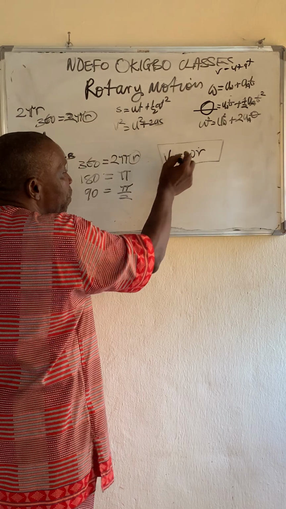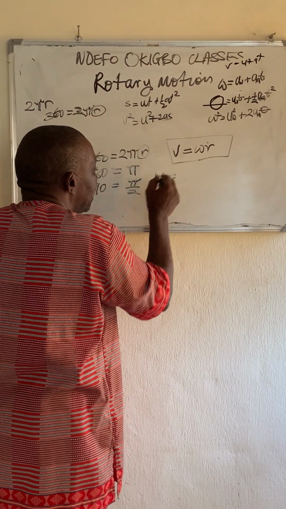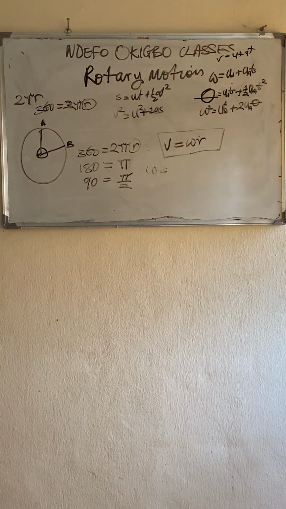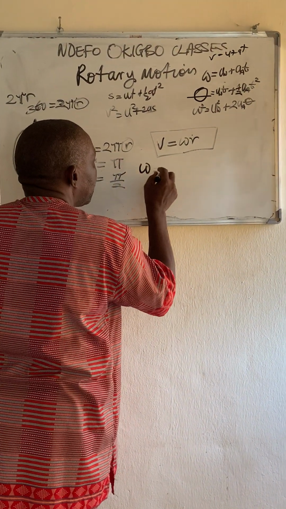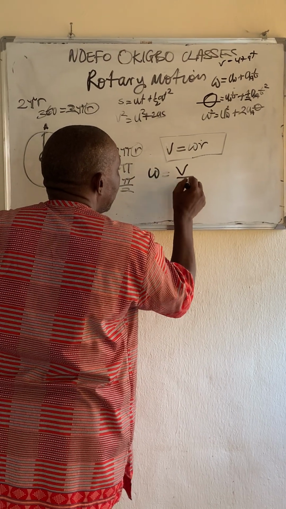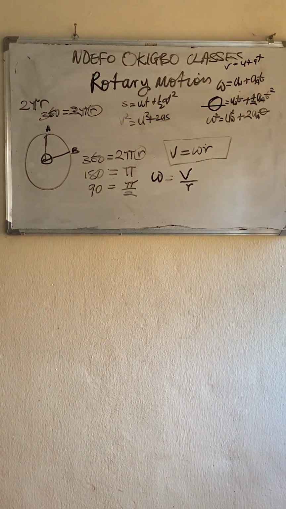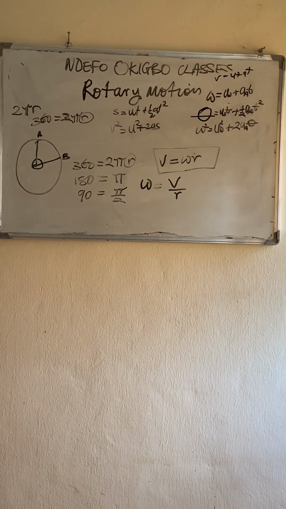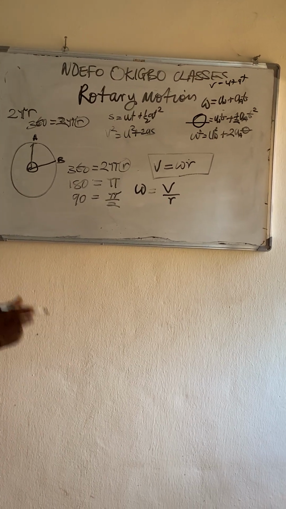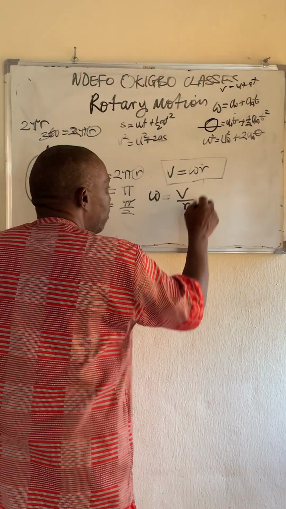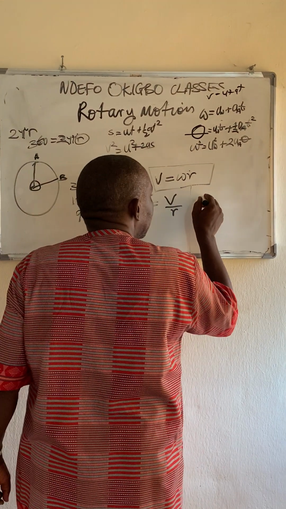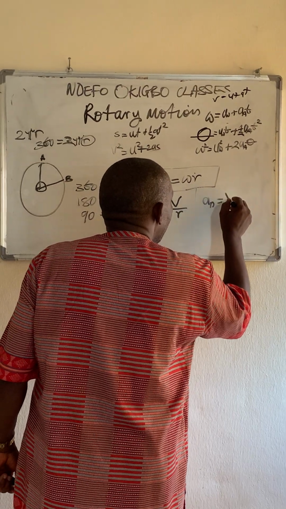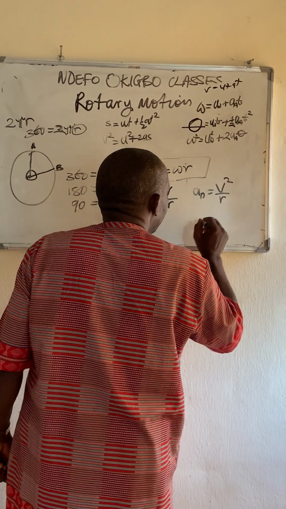From here, we can now get that angular velocity is equal to tangential velocity divided by the radius. And we remember that when we're dealing with curvilinear motion, we have that normal acceleration is equal to v squared over r.